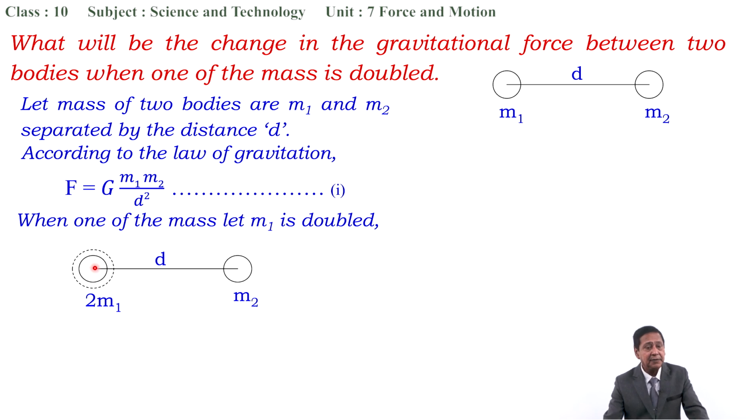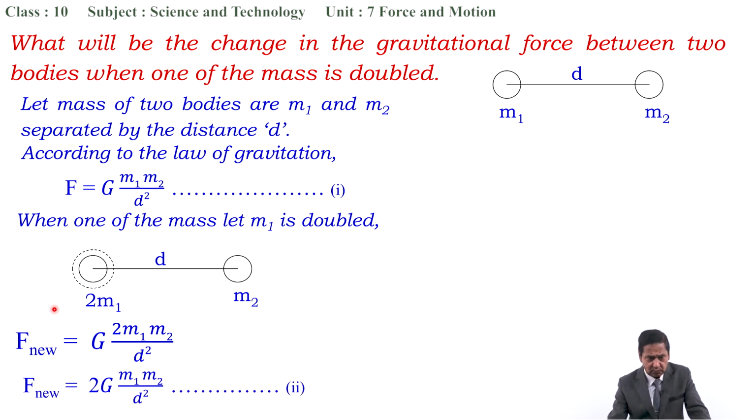If the mass of the first body is doubled, then the same equation becomes what? The new gravitational force F2 will be equal to G, which remains the same, m1 is now 2 m1, m2 same, d same. If this 2 is taken to the front, we have the new gravitational force 2 times G m1 m2 by d square. Now compare equation 1 and 2.